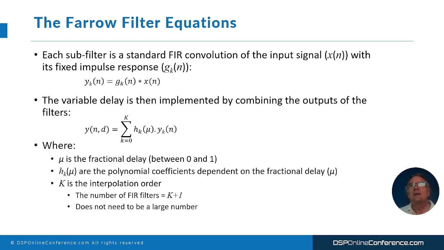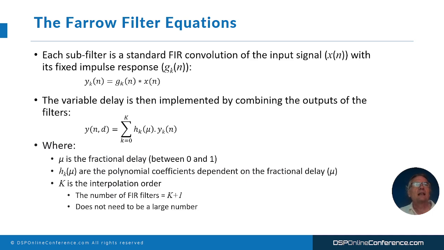We have our input sequence, x of n, which is then convolved with our coefficients, g of n, to give us our output, y_k of n, where k is the number of each subfilter, 0, 1, 2, 3, in this case of the previous flow diagram.